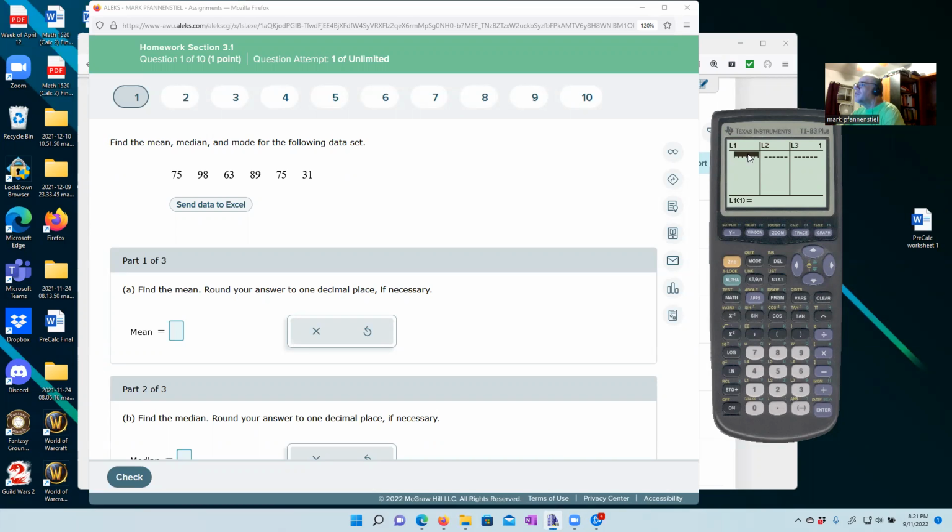Okay. So I'm just going to go ahead and enter these things in here. So my 10 key is still pretty good. Okay, we are doing that. So I'm just going to go ahead and say, well, we have 75. Oops, I wanted 75.